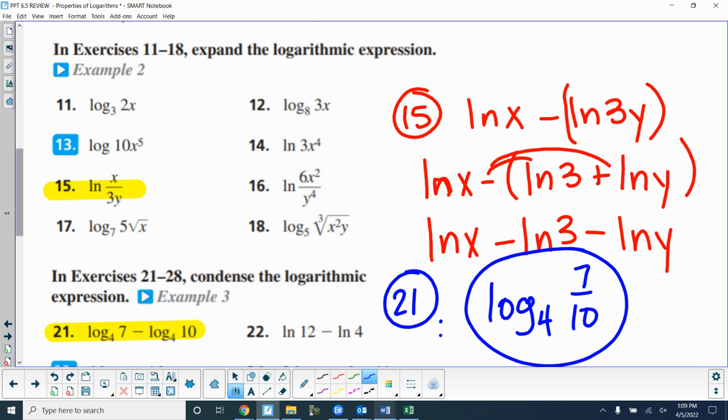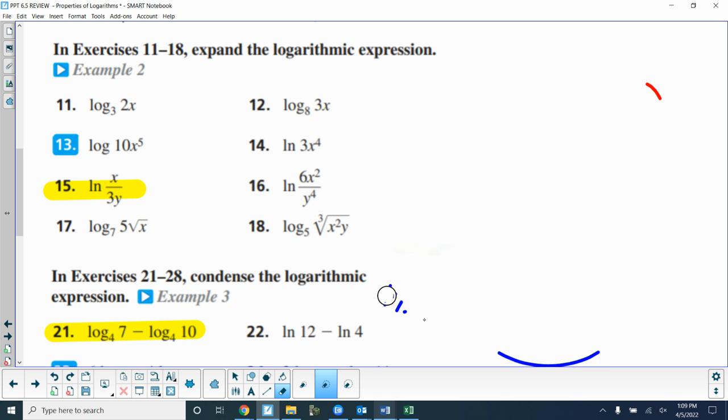So this one, you have 6 times x squared. And remember, the exponents you put them out front. Okay? So let's just do this. I'll erase this for you. Let's do that one quick, because I think you guys are still not quite sure here. So when we do this, number 16, all right, the 6 and the times x squared is addition.